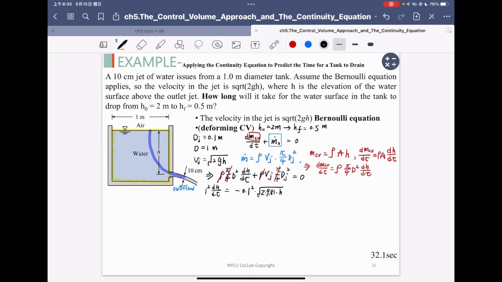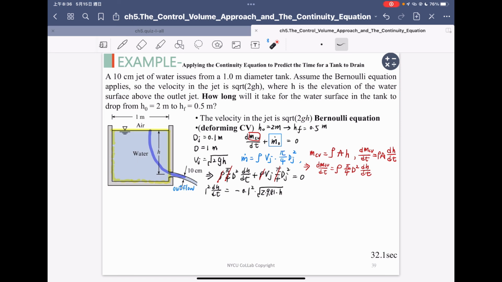In that case, we just put the unknown parameters together, move the h to the left hand side and the dt to the right hand side.